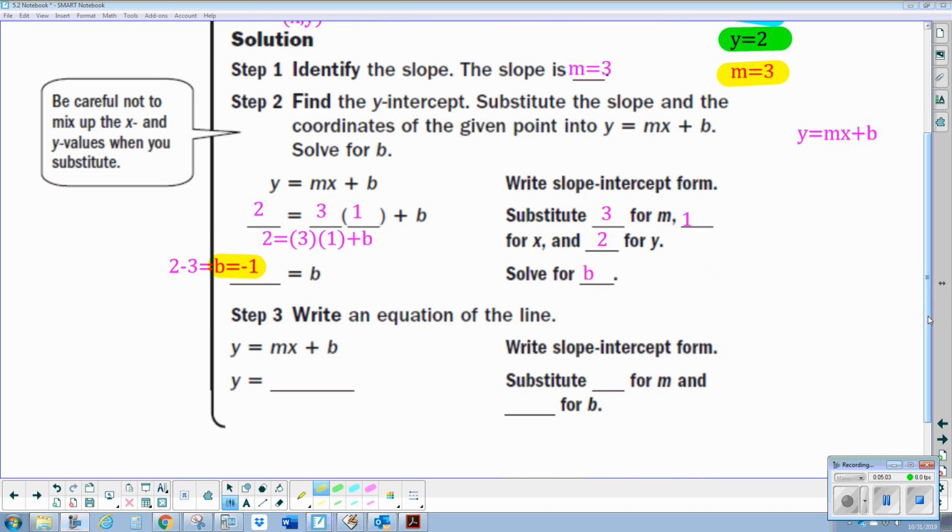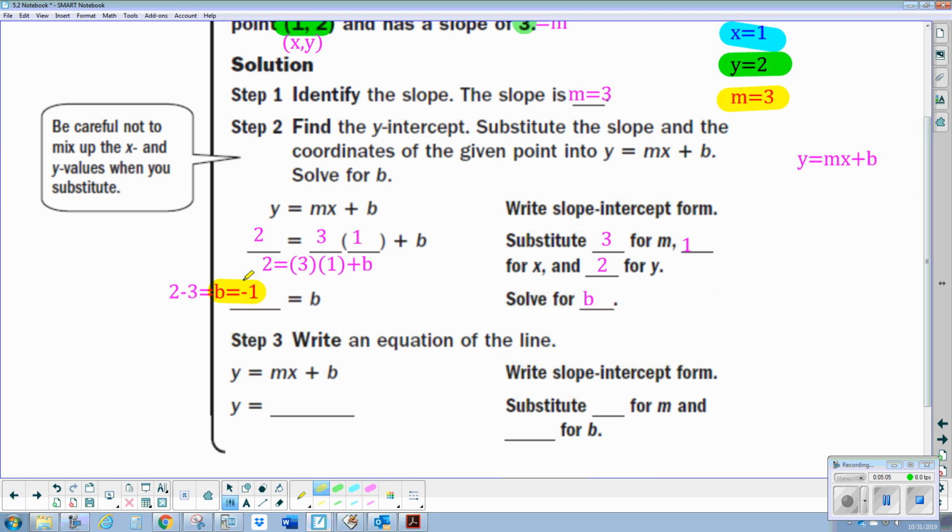Now that we know our slope and we know our y-intercept, we can write an equation in slope-intercept form. Remember, slope-intercept form still says y equals something times x plus something.